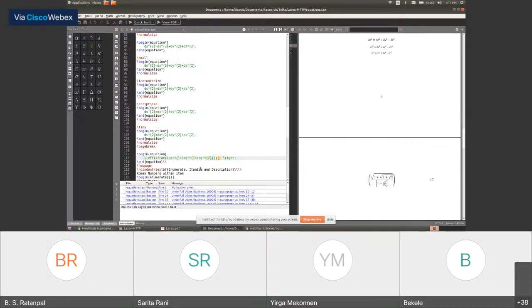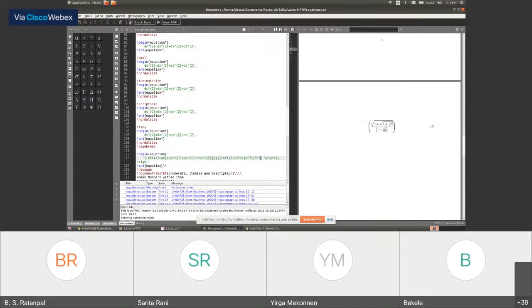In the denominator I have left rectangular bracket, slash right rectangular bracket, 1 plus slash fraction, numerator small r square and denominator capital R square. Is it okay? So this is how we write the nesting of square root. Got it? Yes, yes. Go ahead. Got it. Okay.